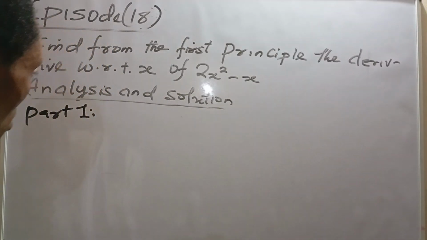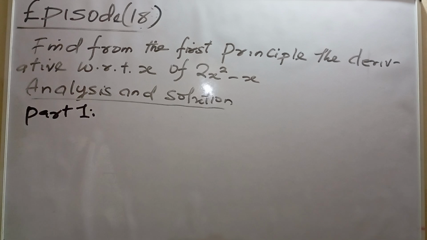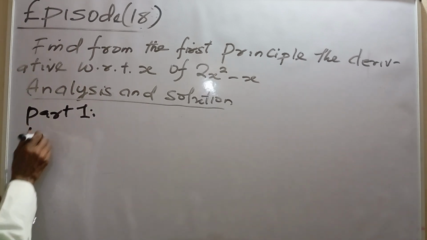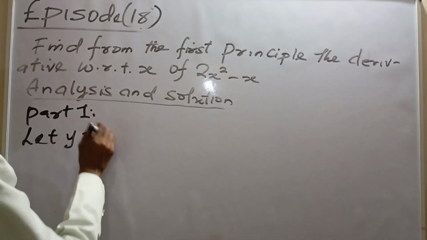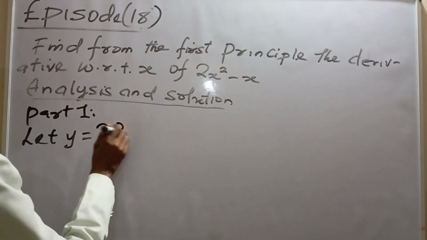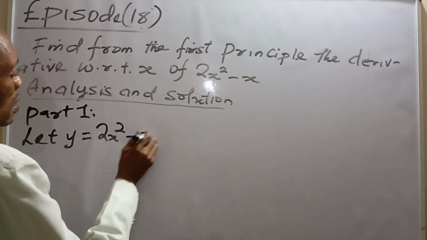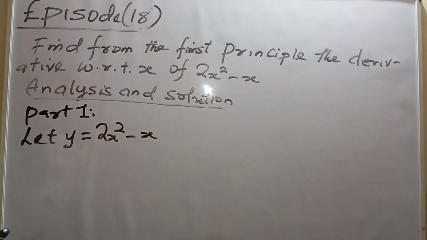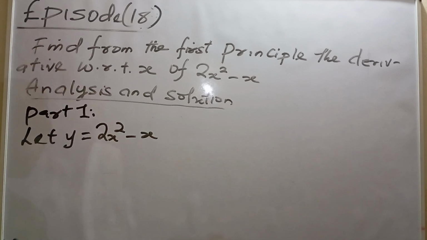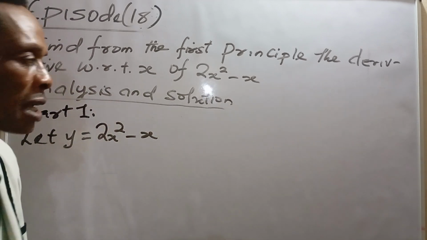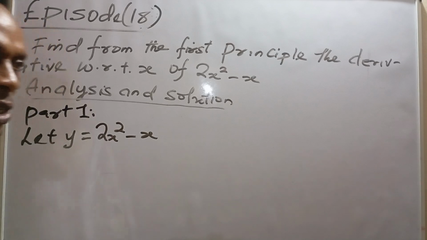For you to start, you say, let y equals 2x squared minus x. Then whatever you do on the left-hand side, you equally do on the right-hand side.